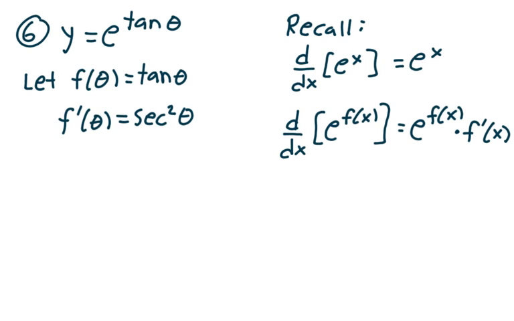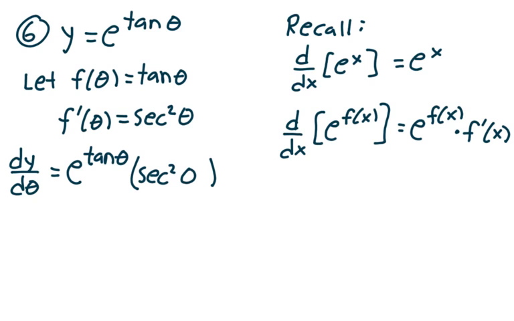And so dy d theta is e raised to the tangent theta times secant squared theta. And that's example 6. Let's take a look at example 7.